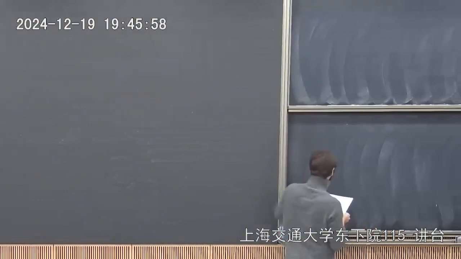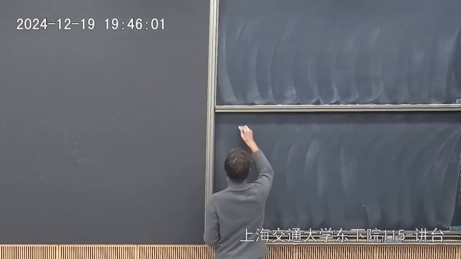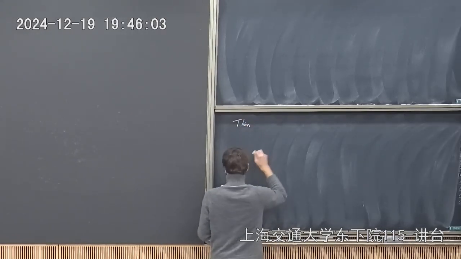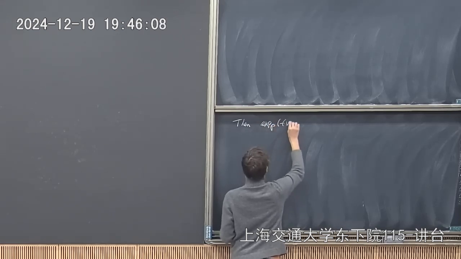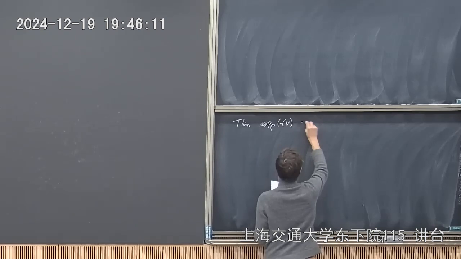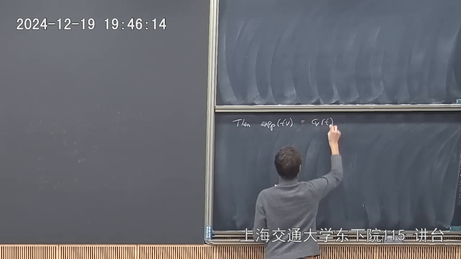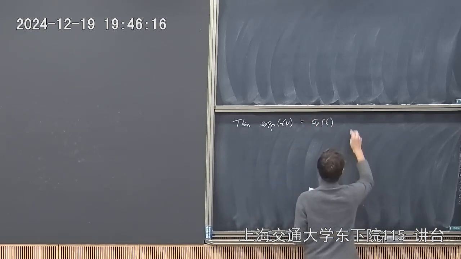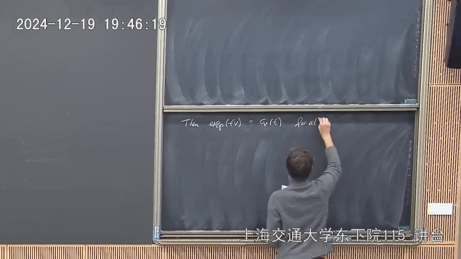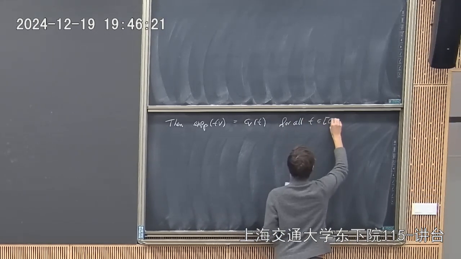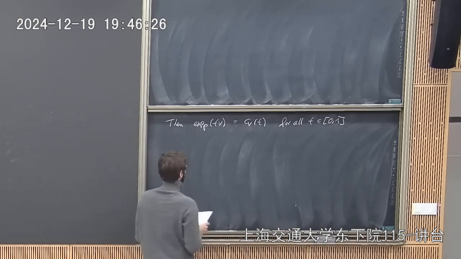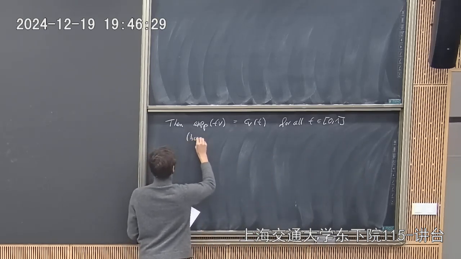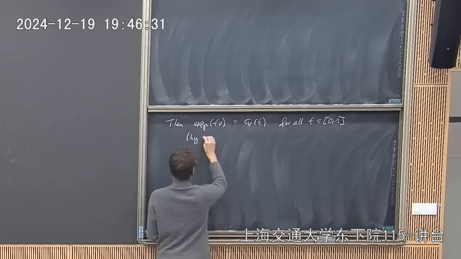We need a few more properties of this exponential map. One of them is the following, namely that we can scale: the exponential map of tV is the same thing as C of V at the time equal to t, for all t. That follows essentially since geodesics are unique.